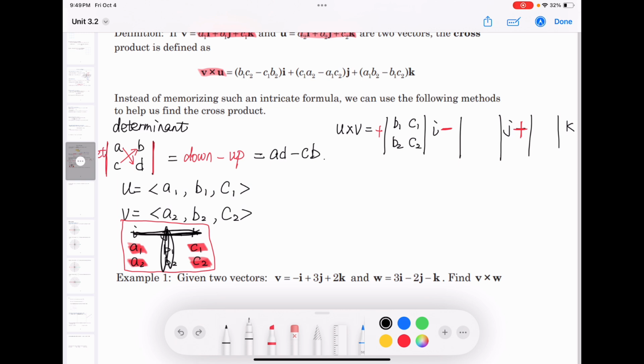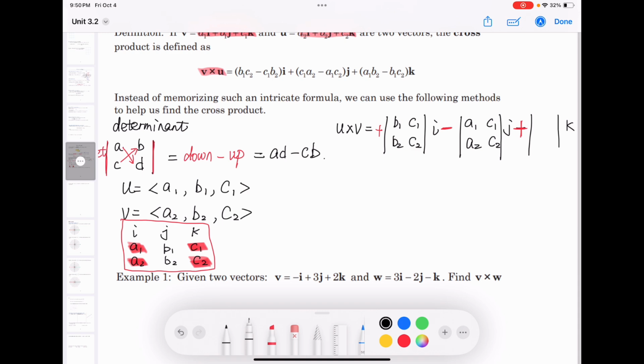So I should put A sub 1, A sub 2, C sub 1, C sub 2, and plus the determinant of another matrix. So I shouldn't make it that messy here. Let me clear and then fill out the blanks here, which is A sub 1, A sub 2, C sub 1, C sub 2.